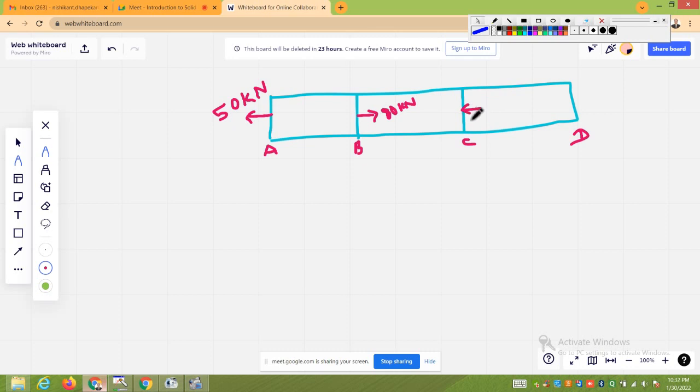This is 20 kilonewtons acting in the leftward direction. And this is again 10 kilonewtons at this section acting in the left direction.